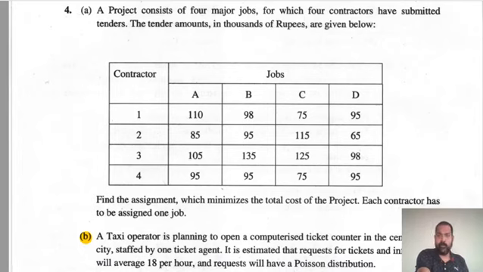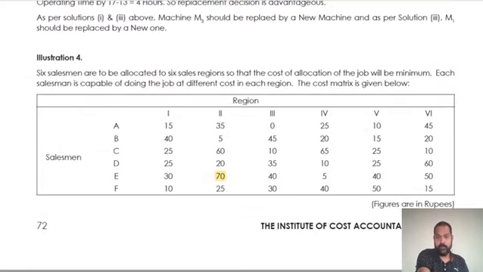Question number 1. Is the problem objective minimization? Yes. Is the problem balanced? Yes. Is there any prohibition that this job can't go to this particular contractor? No. Then I can start solving. Row reduction, column reduction, assignment. How many marks has this been asked for?